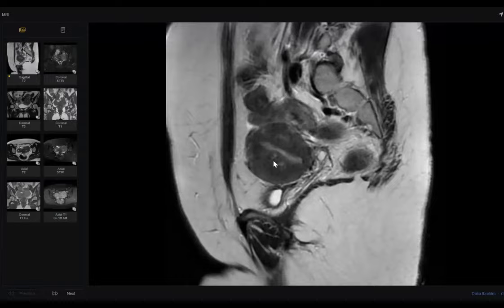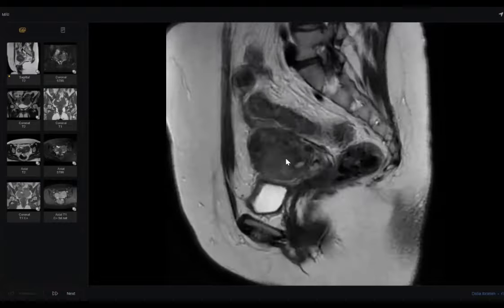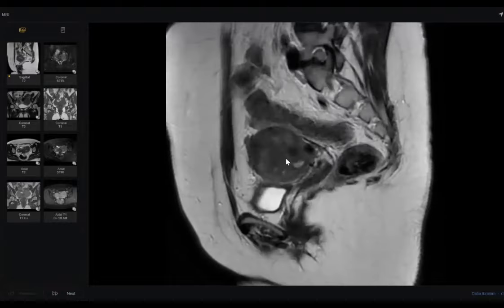It is dark because it is mainly fibrous. The endometrium is high T2, the myometrium is intermediate, but this mainly fibrous zone is dark. When you see this large thickness and heterogeneity, due to some bleeding and cystic changes, more than 12 mm, it is highly diagnostic of adenomyosis, either diffuse or focal.